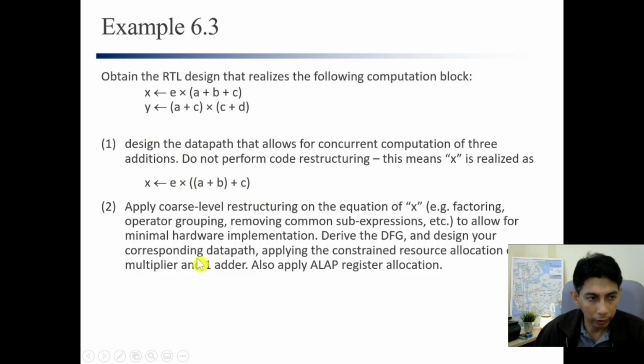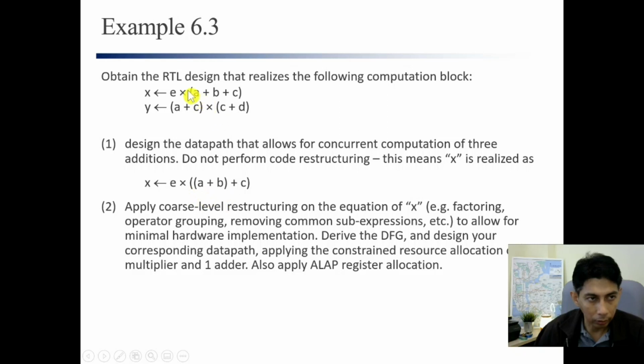And in the next video, we will try to answer this number 2, where the design is now constrained, and we will apply the cost level restructuring to the equation x.